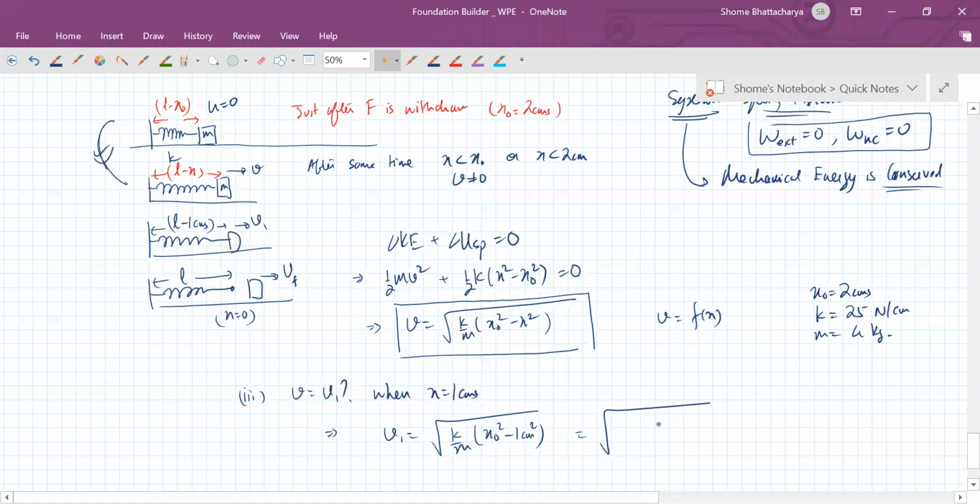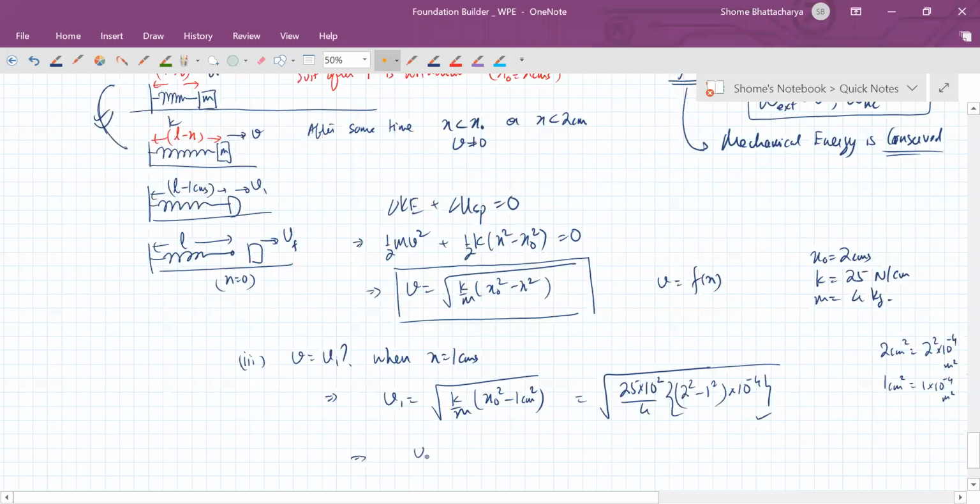So that is square root of 25 into 10 raised power 2 by 4, that is k by m, into (2 square minus 1 square), but we will multiply this with 10 raised power minus 4 so that this is now in SI unit. 2 centimeter square is 2 square into 10 raised power minus 4 meters square, and 1 centimeter square is 1 into 10 raised power minus 4. So from that we are getting this.